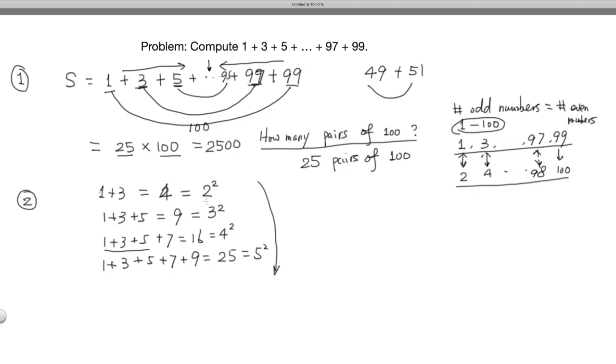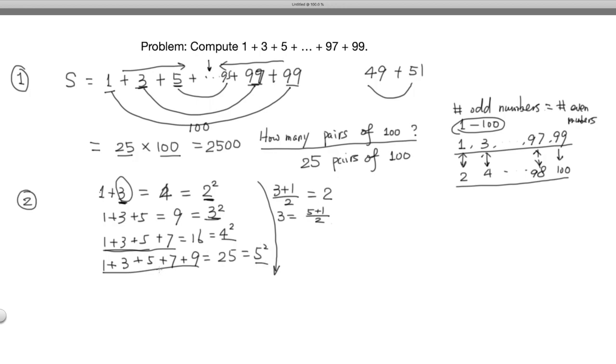The 2 squared corresponds to 3 plus 1 divided by 2 equals 2. The 3 squared, 1 plus 3 plus 5, corresponds to 5 plus 1 divided by 2 equals 3. So if you have 3 terms, it's 3 squared. If you have 4 terms, it's 4 squared. If you have 5 terms, it's 5 squared.